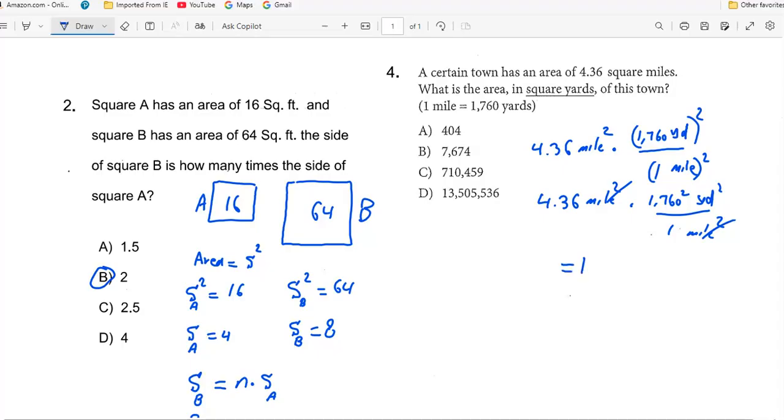So the answer should be 13,505,536, which is answer D, right?